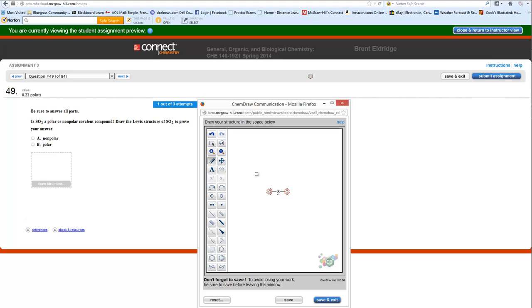Okay, so I do that, and now sulfur only has 6. So then you go, what if we erase this bond here? And instead of having that, we're going to put in a double bond. So you highlight that, highlight the sulfur, go like that.